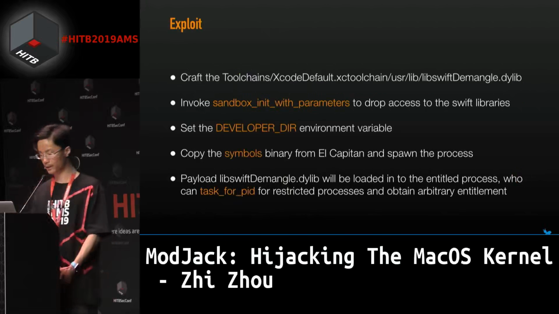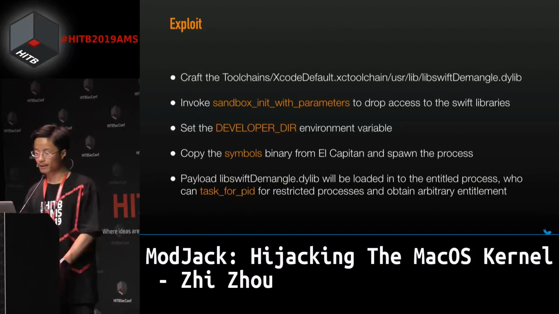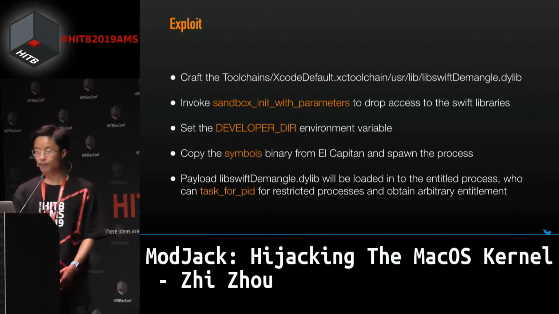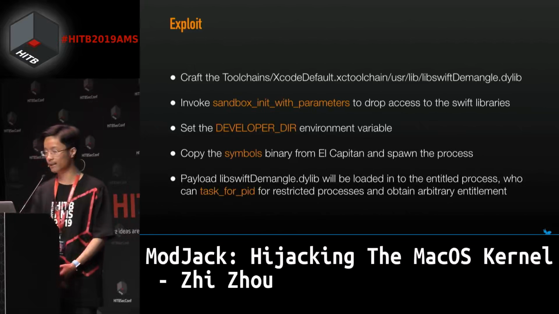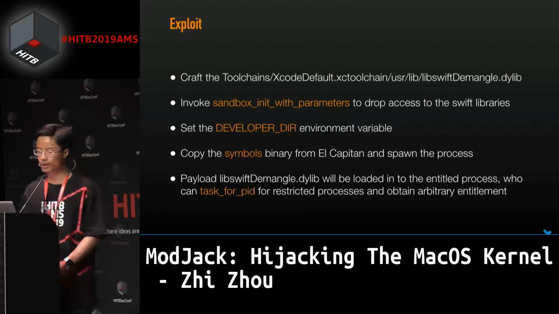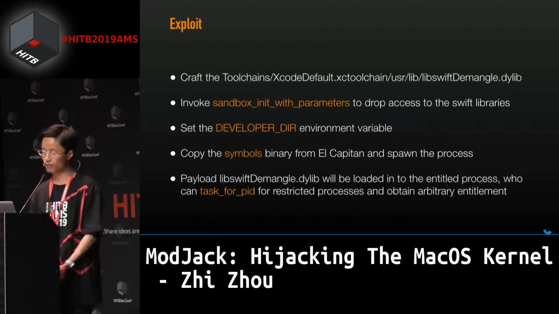The exploit steps are: first, craft this evil libswiftDemangle.dylib, and then apply the custom sandbox profile to drop the access to the internal libraries. Then we can set the environment variable to control the path.